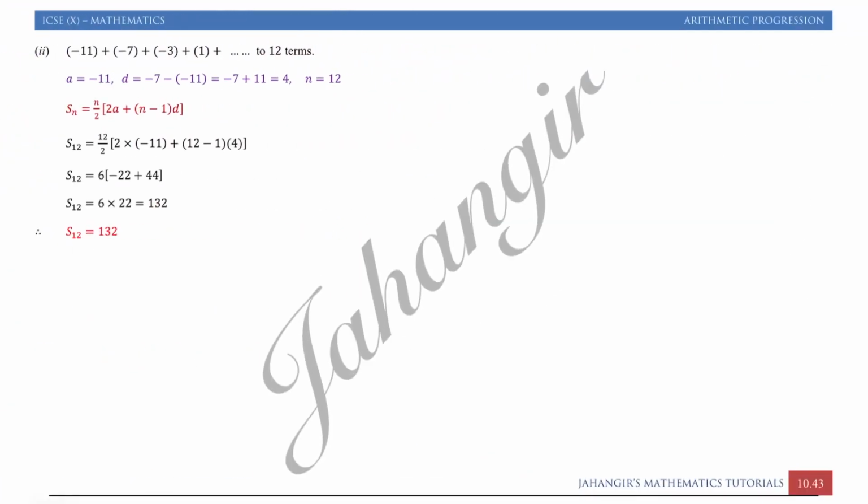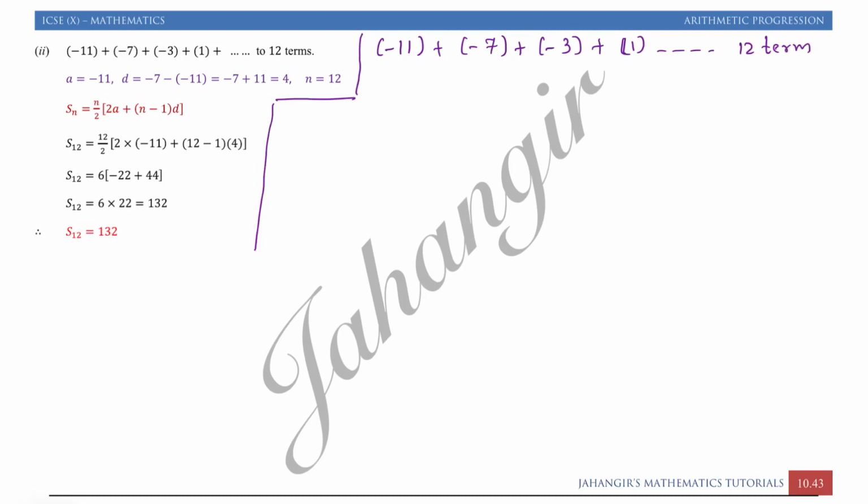In the next question also we have to find the sum. So for sum, first we have to write the first term and common difference and then substitute in the formula. So here the sequence is minus 11 plus minus 7 plus minus 3 plus 1 up to 12 terms.